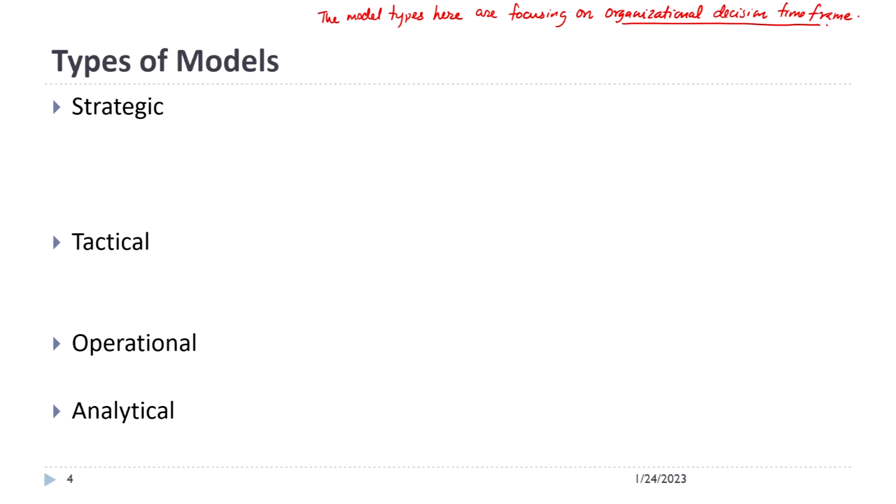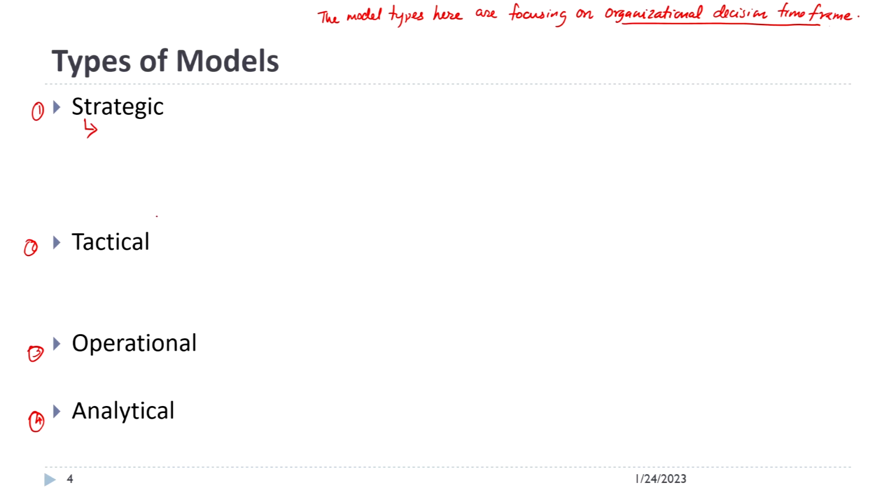In this case we name 4 models: strategic, tactical, operational, and analytical. There are many other divisions, but for us these are the 4 major classifications that are important.